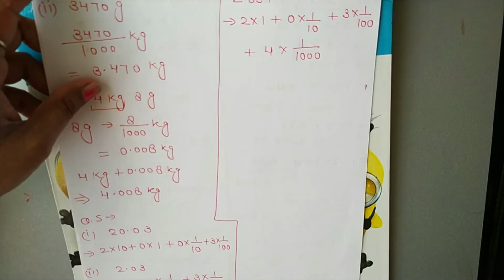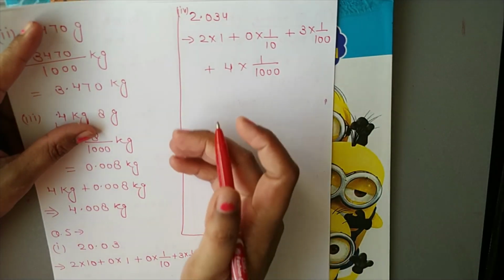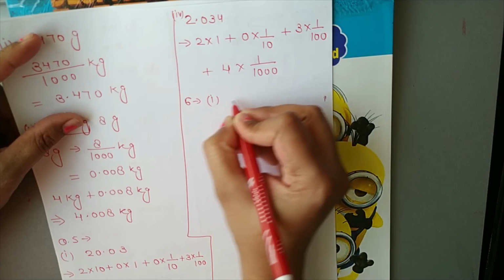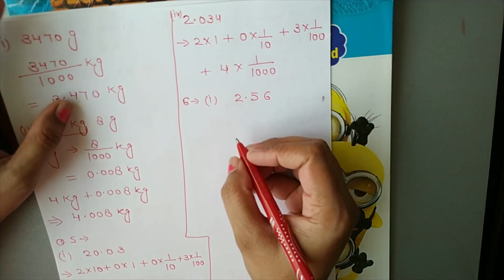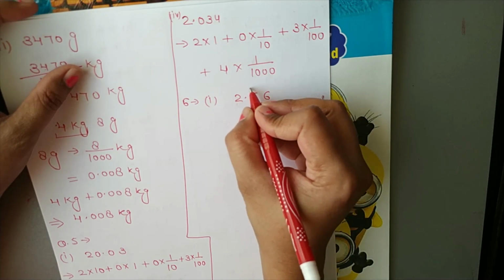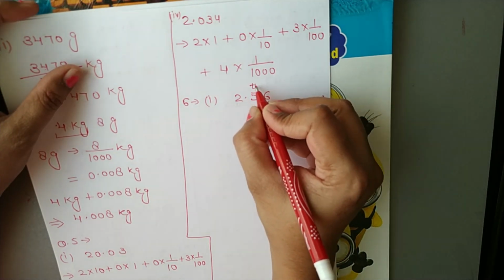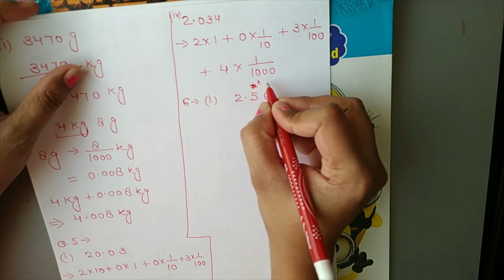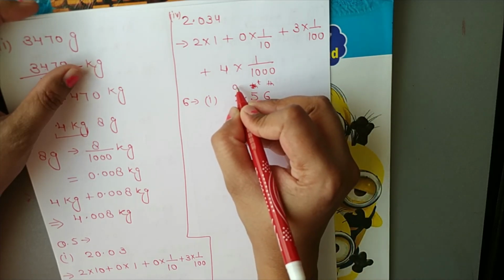Write the place value of 2 in the following decimal numbers. First part, 2.56. This is the tenths part, this is the hundredths part, and this is the ones.